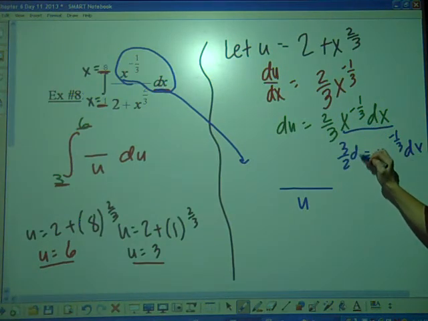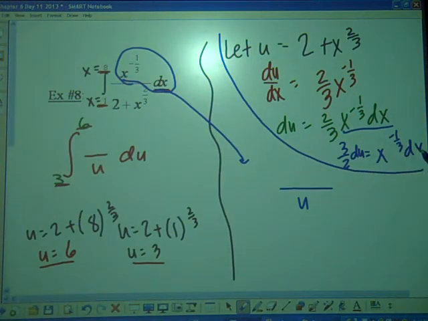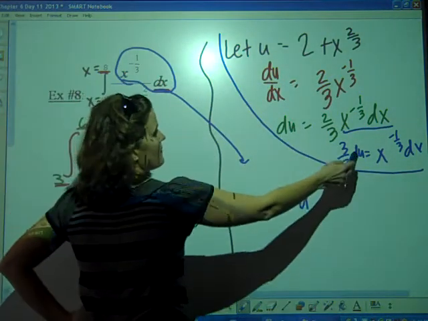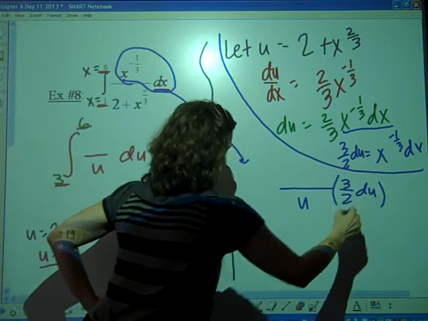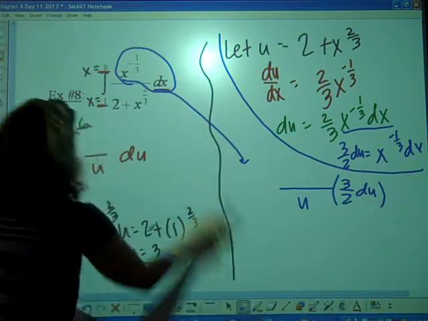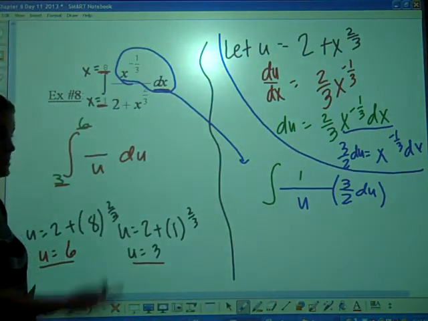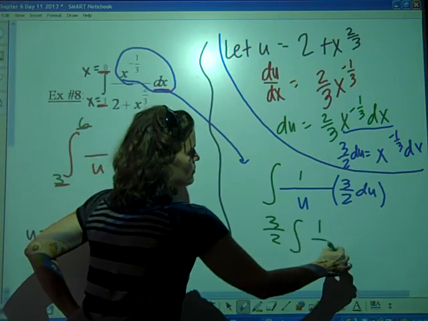So 3/2 du is what x to the negative 1/3 dx equals. So I'm going to replace all of that with 3/2 du. If it was an indefinite integral, it would look something along those lines. So I'd have 3/2 times the integral of 1 over u du.